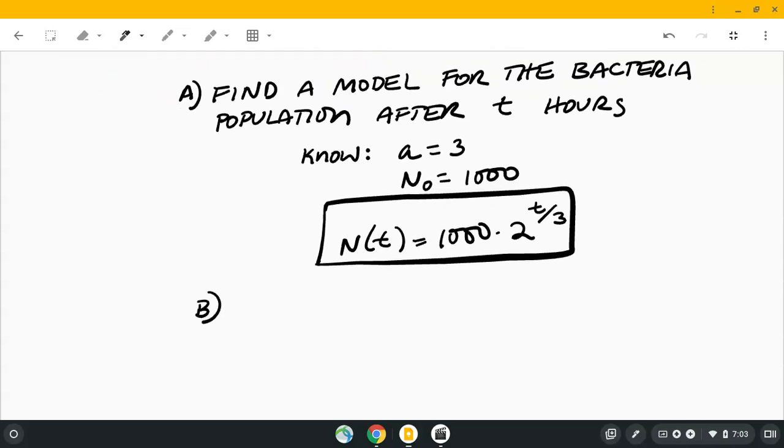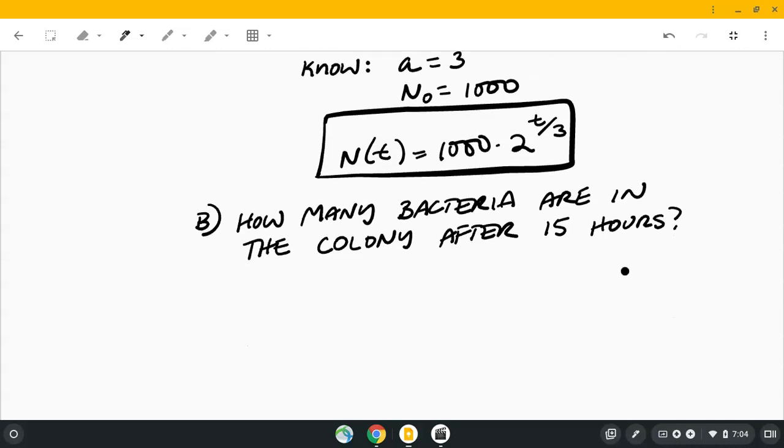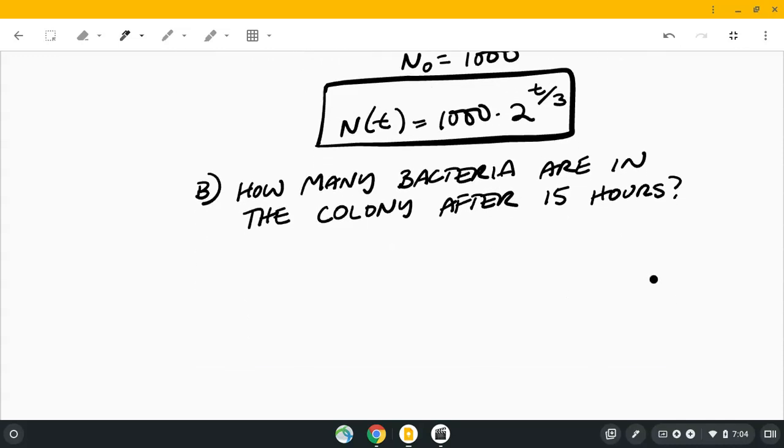So let's do part B. How many bacteria are in the colony after 15 hours? We use our function to find N of 15, when t equals 15 hours.